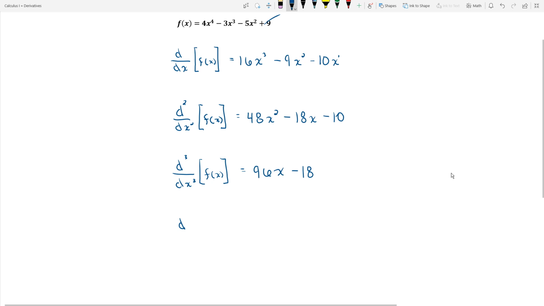So then we have the fourth derivative, d to the fourth over dx to the fourth, of the function f of x.